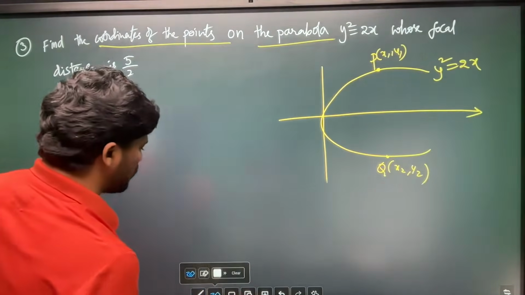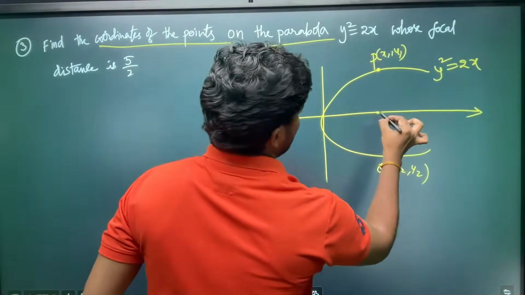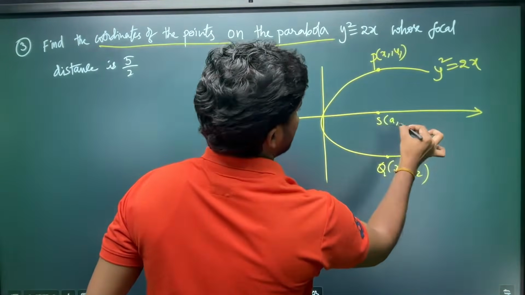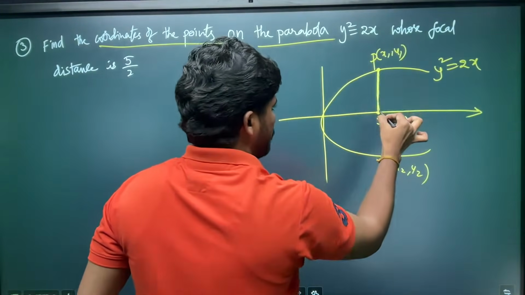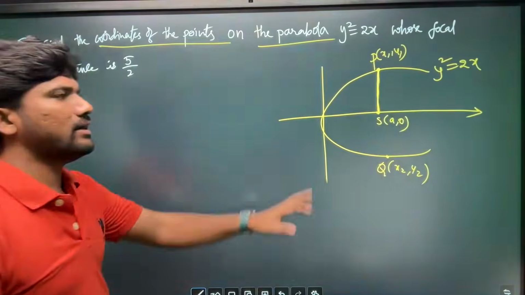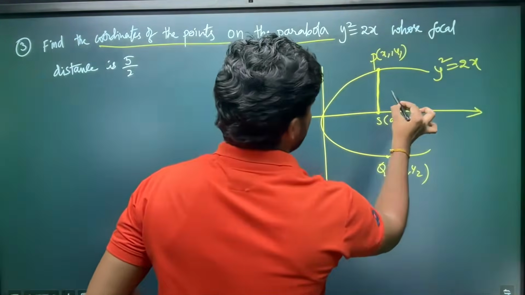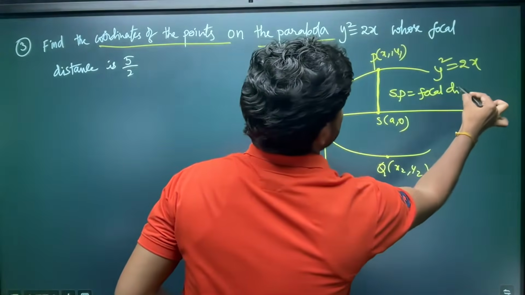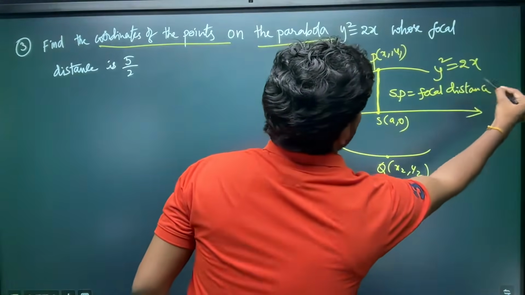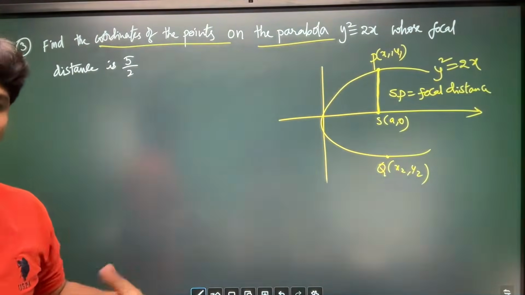What is the meaning of focal distance? Focal distance means whenever you take the focus here, S is equal to a, 0, from this point, the distance between the focus and any point on the parabola is called the focal distance. SP is what we call the focal distance. The distance between the focus of a parabola and any point on the parabola is called the focal distance.